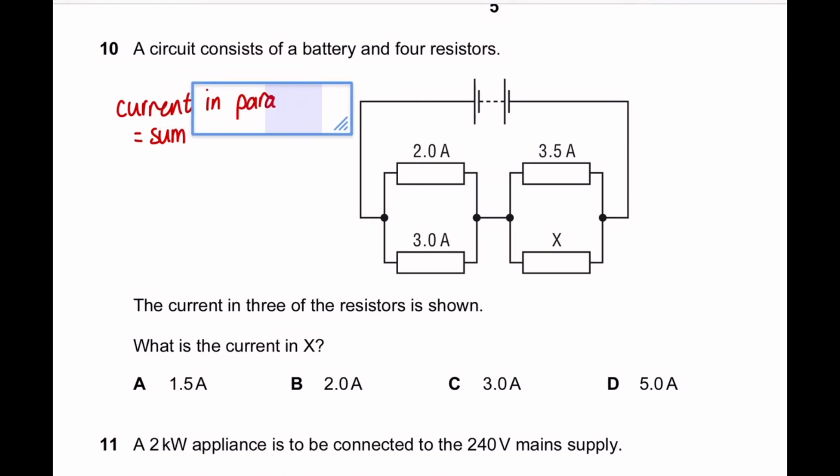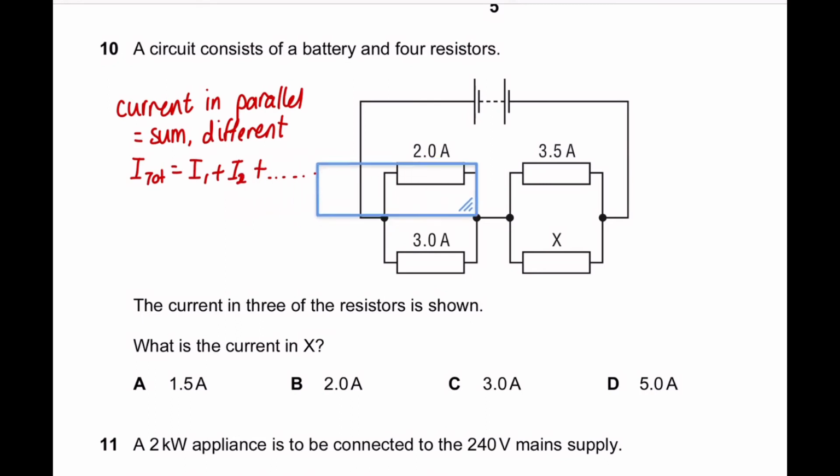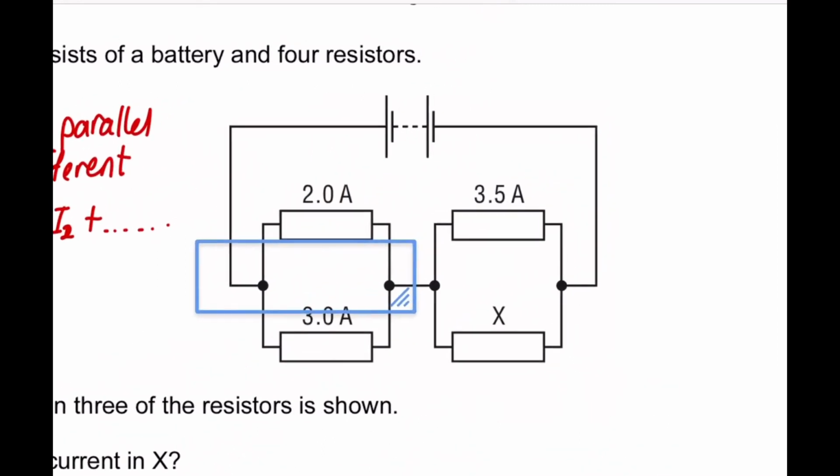Current in parallel is the sum of each branch, or it is different in each branch, or it can be shown as an equation, which is I total equals I1 plus I2, or if there are more branches, it will be I3 and I4 and so on. So in this case, I would like to see it this way.